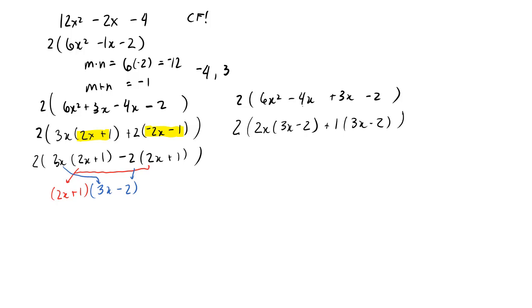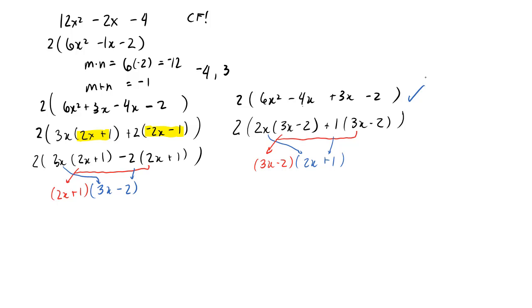And now I can pull out my common factor here. So 3x minus 2. There's one there, one there. And I'm left with the 2x plus 1. And we get the same answer. But I would argue this is just a little bit less confusing. Not much, but a little bit less confusing.